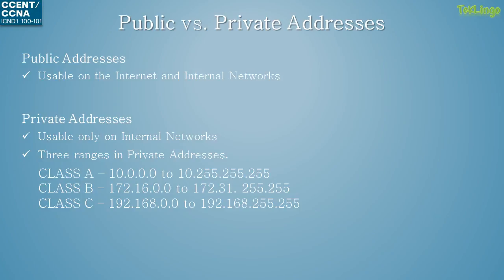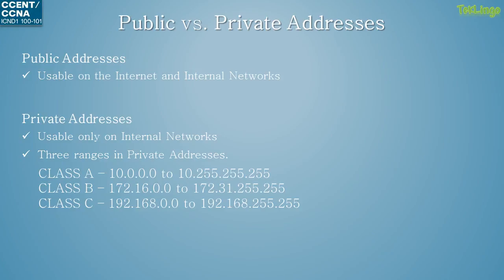So there are 3 ranges of private IP addresses. The first one is Class A from 10.0.0.0 to 10.255.255.255. The next one is Class B, and it can have a range from 172.16.0.0 to 172.31.255.255.